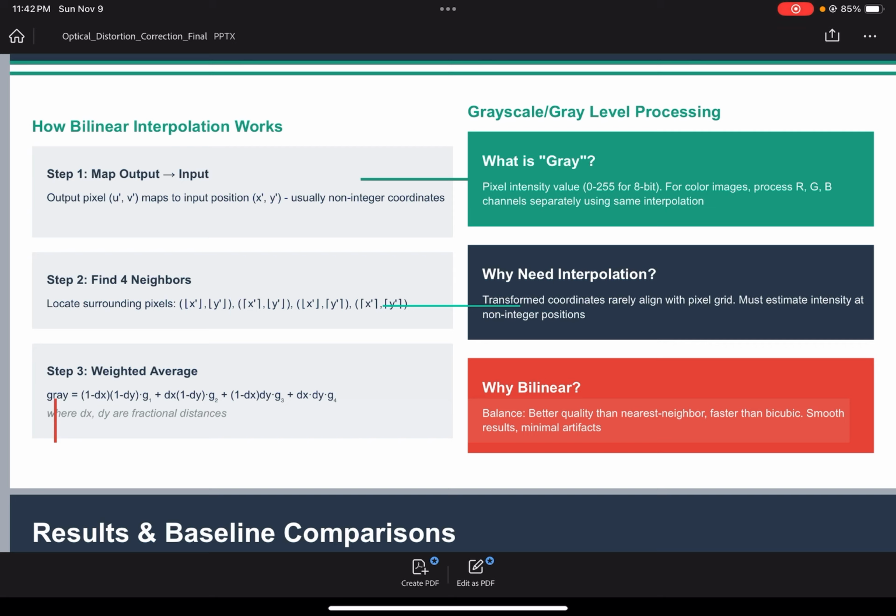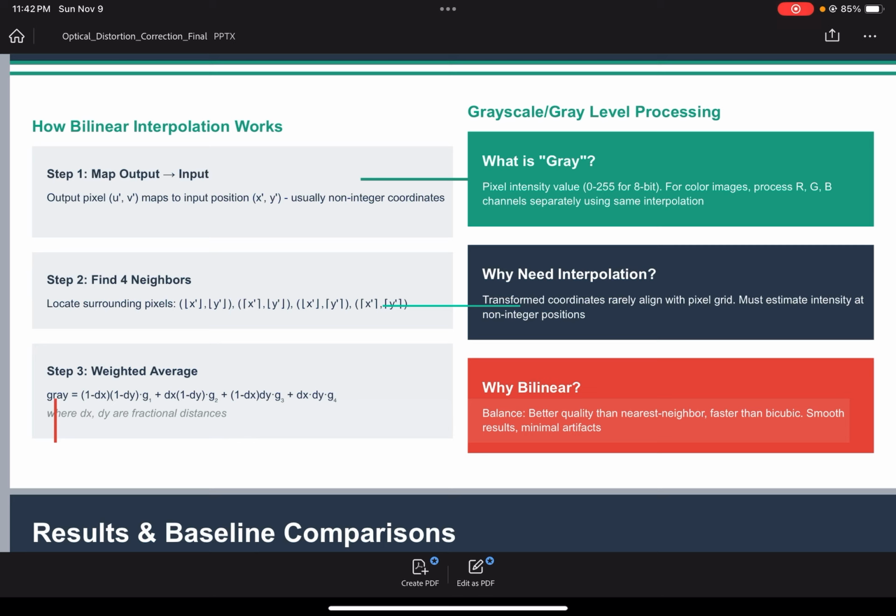Because when we transform coordinates, they rarely align perfectly with the pixel grids. So we need to estimate intensity values at non-integer positions.